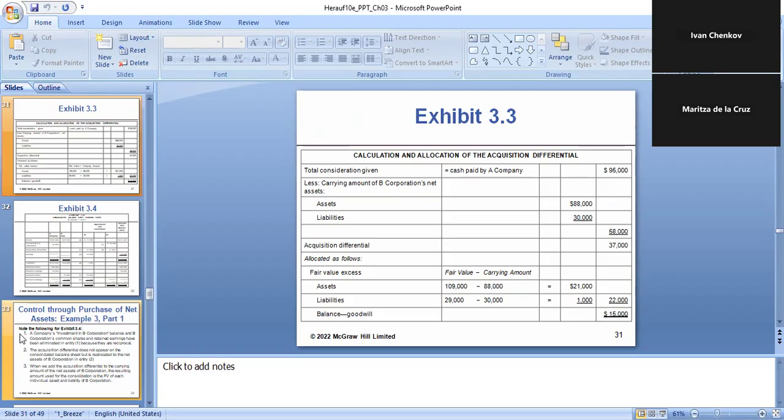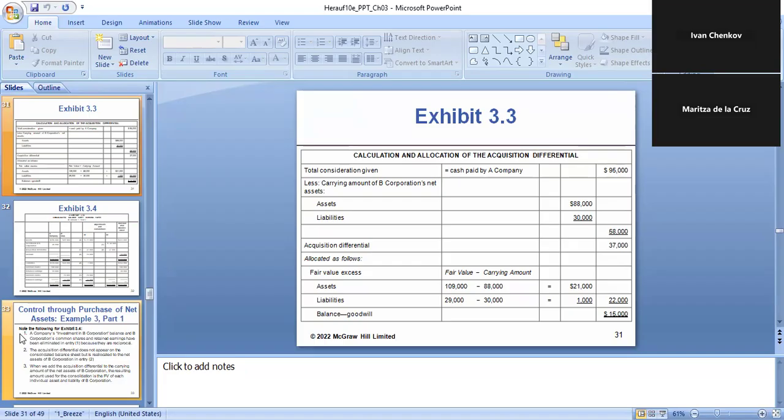Now, that was when we acquired the company. And then, once we acquire the company, if we have to prepare the consolidated report for both entities at the day of the acquisition, then we're going to take the assets of the first company, assets of the second company, liability of the first company, liability of the second company.